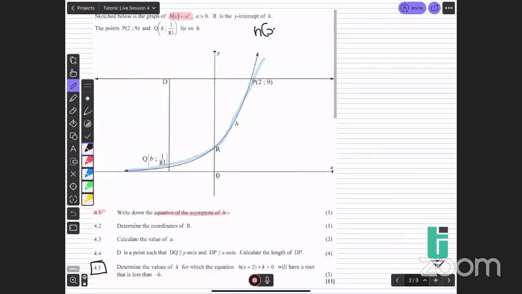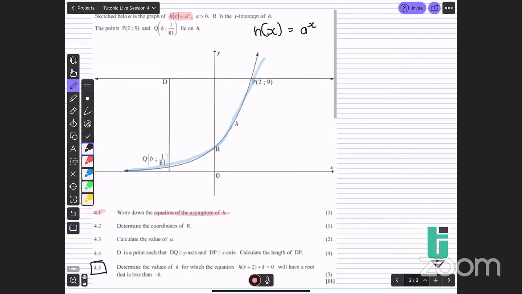Basically, the asymptote of the exponential graph is the x-axis, unless it's shifted up or down.